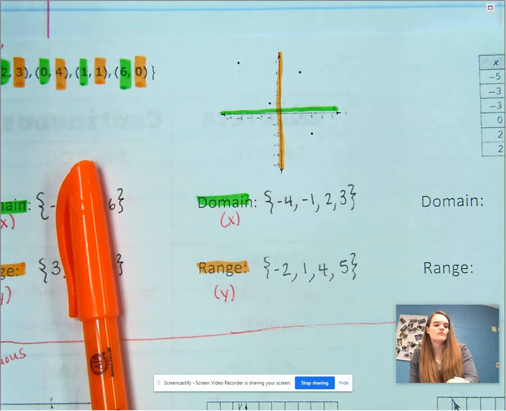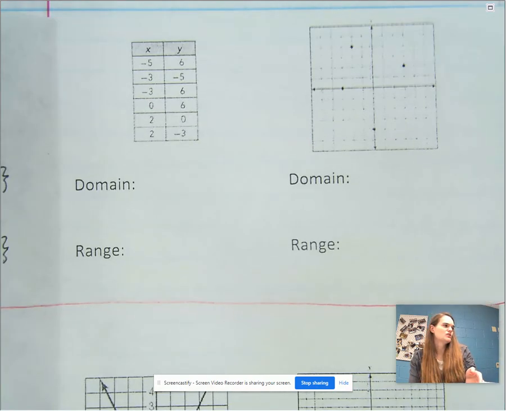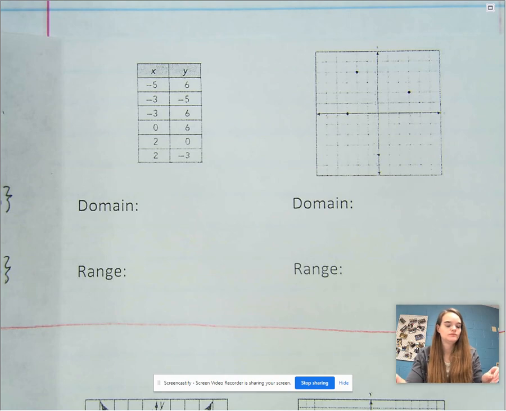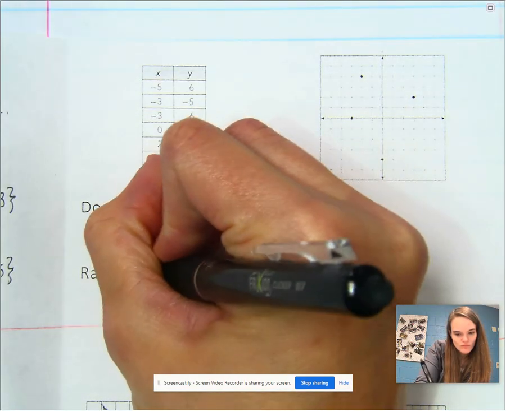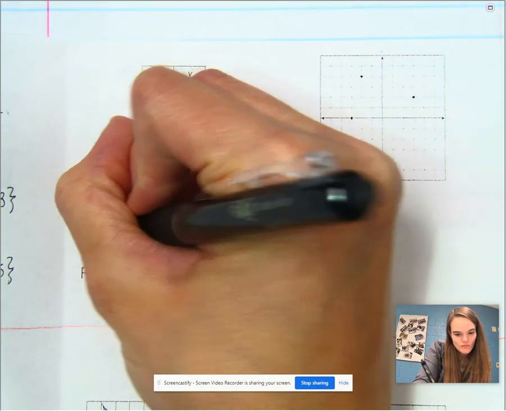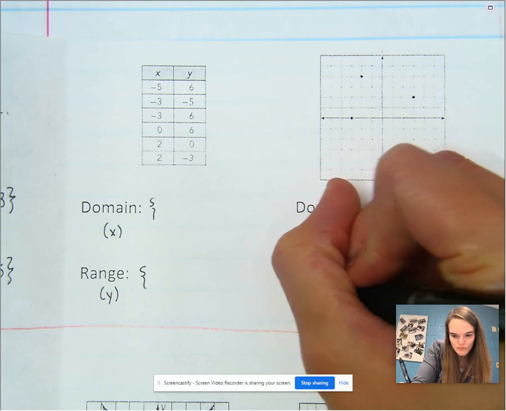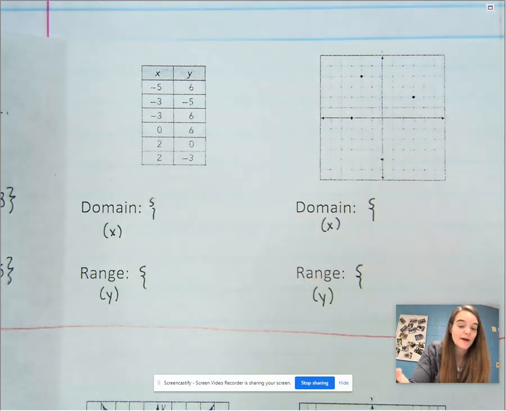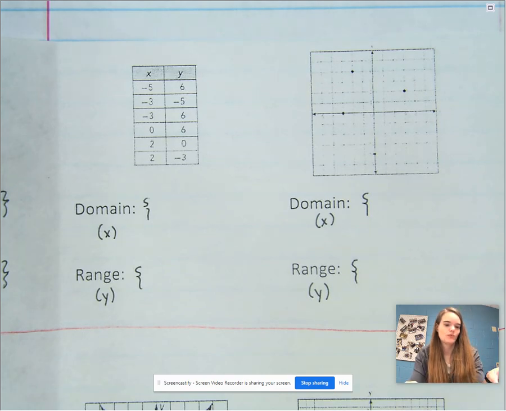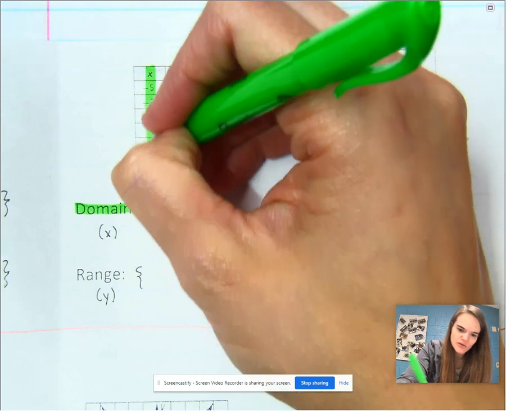Okay. I want you to pause the video and find the domain and range for the next two. I hope you have paused it. Domain is the x values.